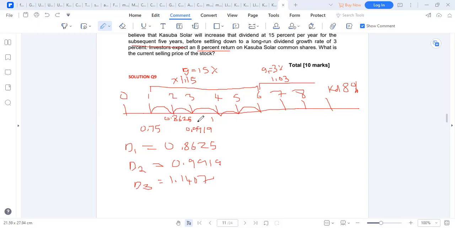So this is D1, this is D2, this is D3, which is 1.1407. D4 multiplied by 1.15, we get 1.3118.